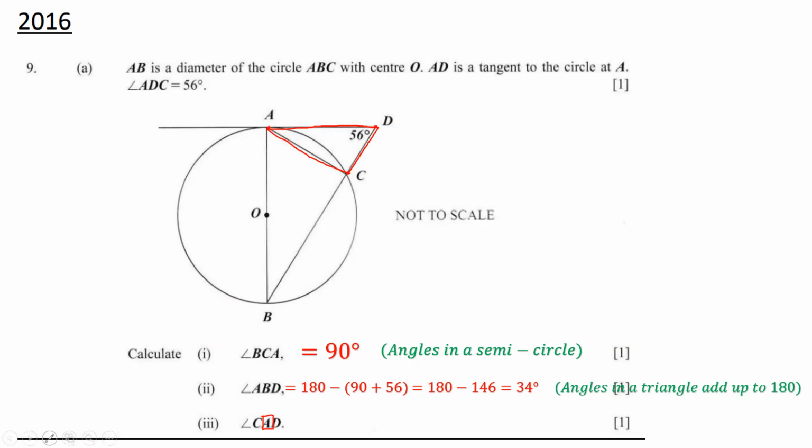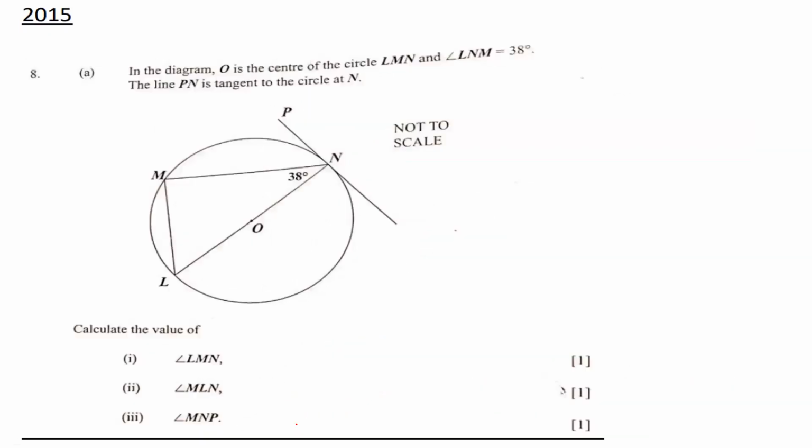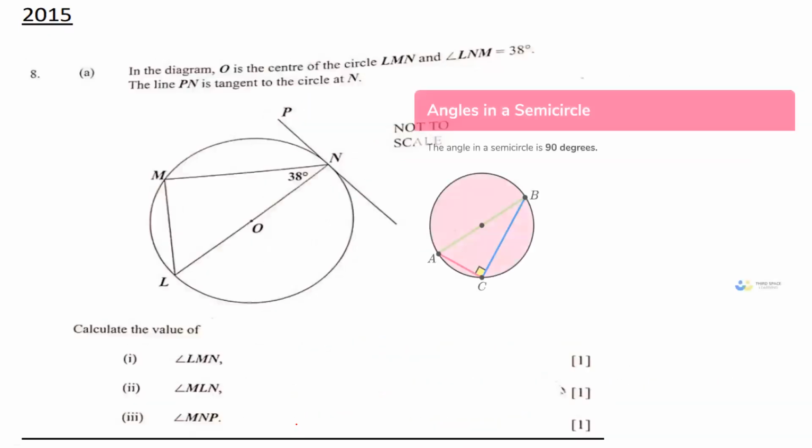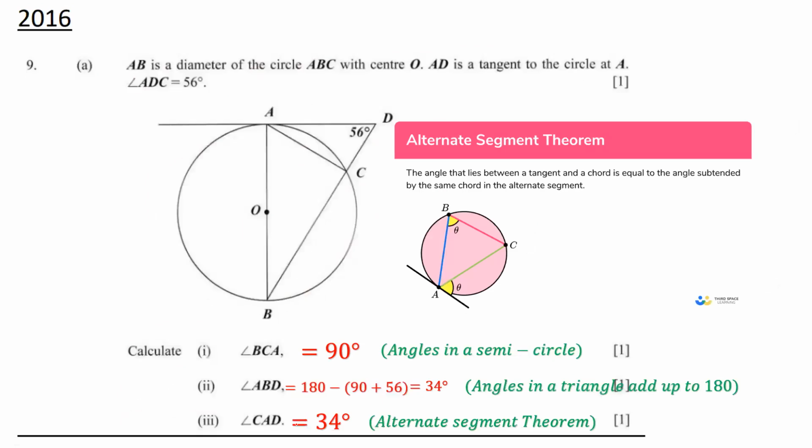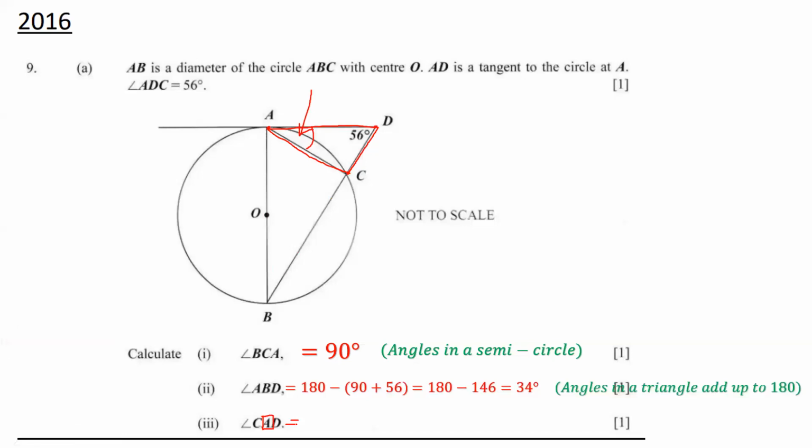Okay, so let's look at it. What we have to do is the following. Here I answered it using the alternate segment theorem. So let me see what I have.